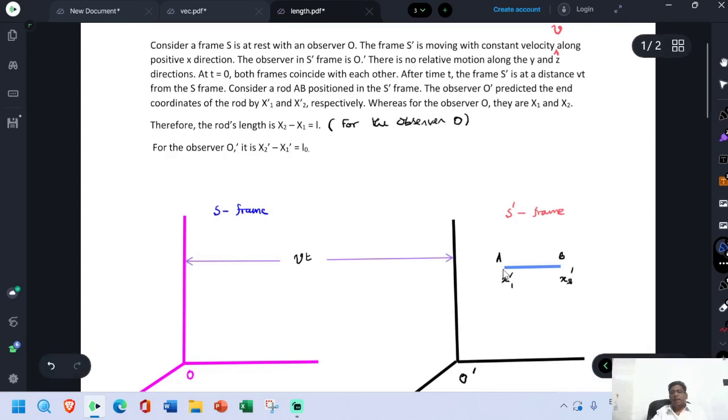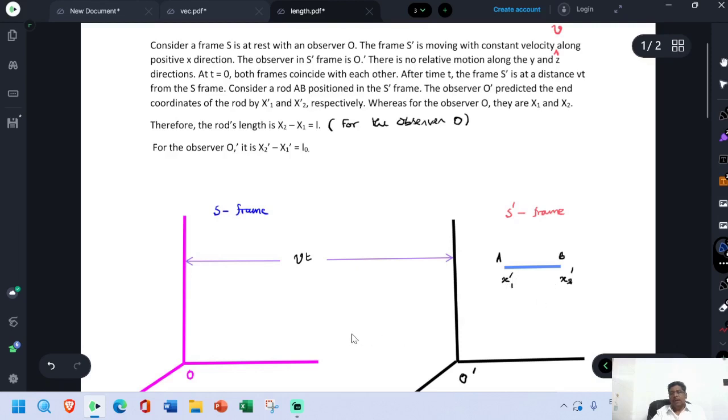Consider a rod AB positioned in the S dash frame. The observer O dash predicted the end coordinates of the rod by x1 dash and x2 dash respectively, whereas for the observer O, the end coordinates are x1 and x2.